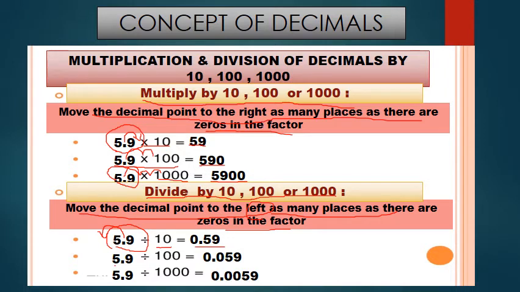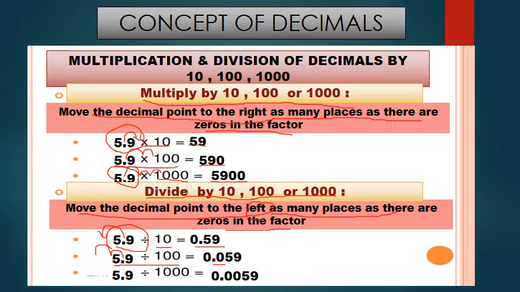Similarly, when we divide 5.9 by 100, what do we do? We move the decimal point two places to the left. As there is no digit left of the decimal point, we put 0 as a placeholder.